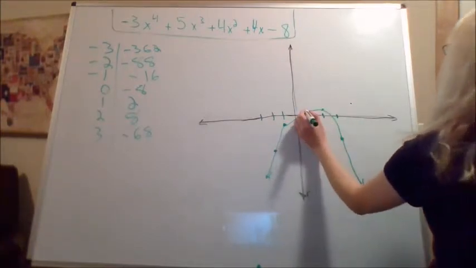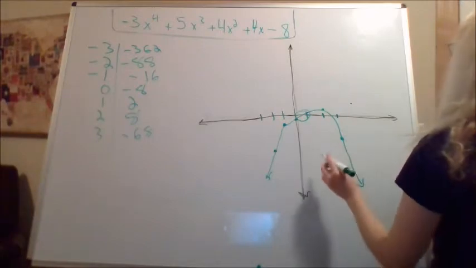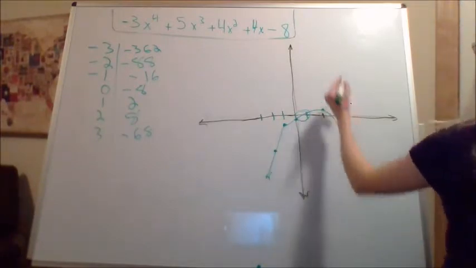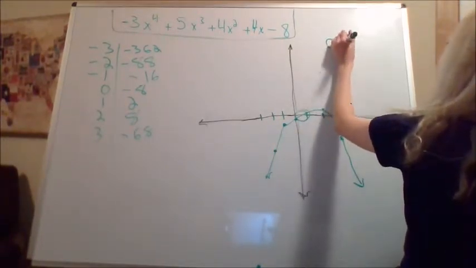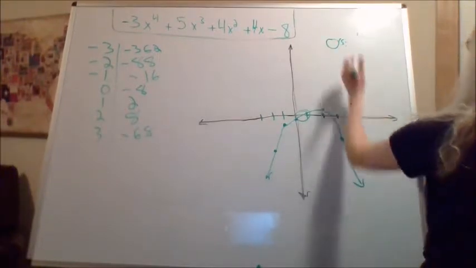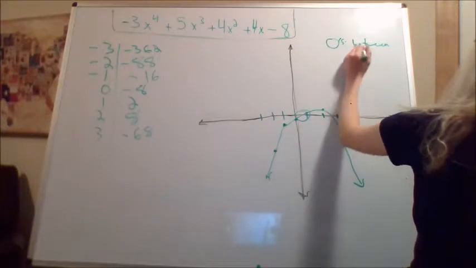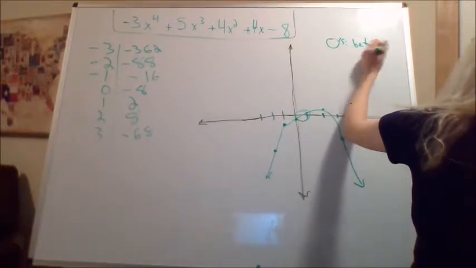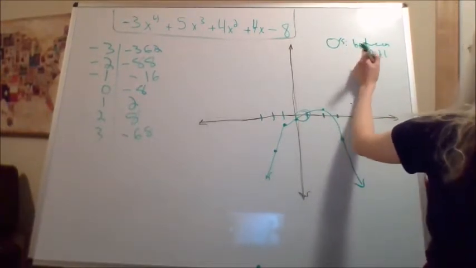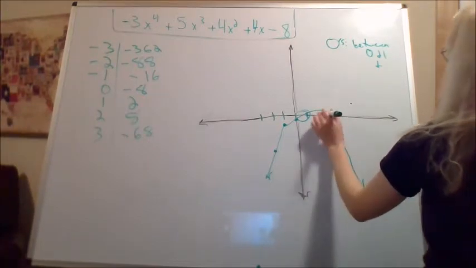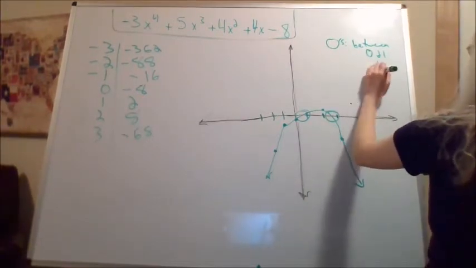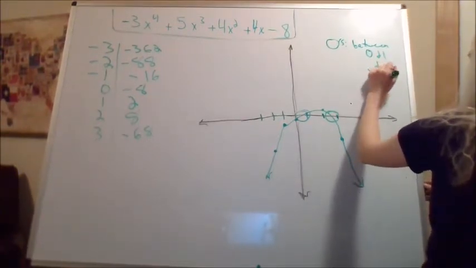Well, in between 0 and 1, we see that we cross the x-axis. So the zero must lie in between 0 and 1. And also, it must lie between 2 and 3.